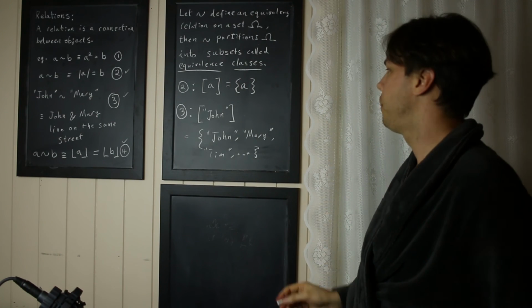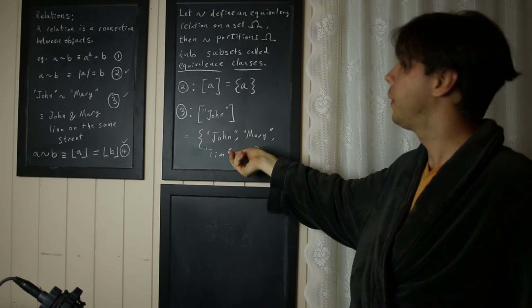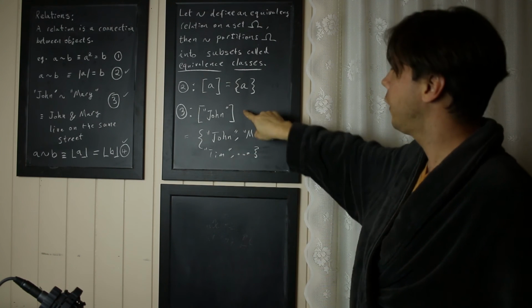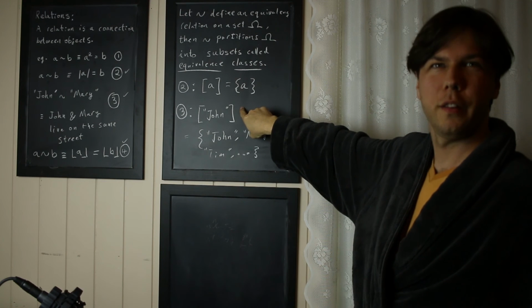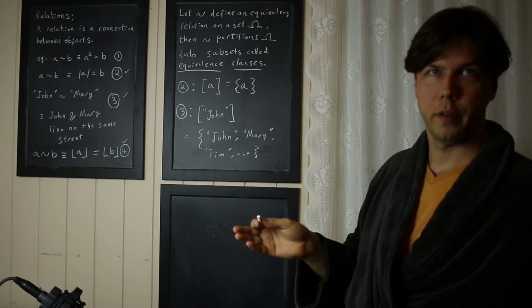And note that because all of these people live on the same street, we could just pick one to represent the equivalence class, which is what I've done here. But it doesn't matter which one we pick, so I could pick John, Mary, or Tim, or anyone else on the street.